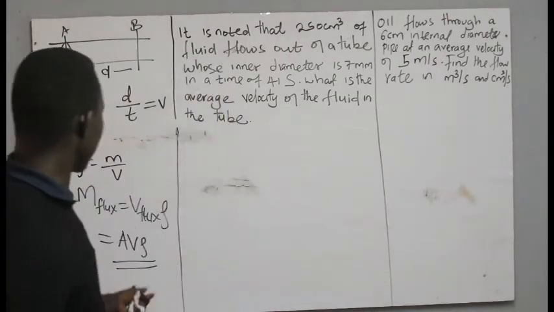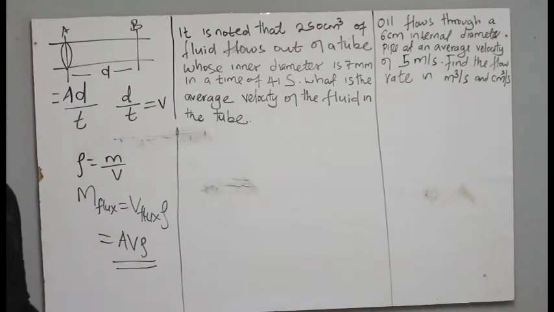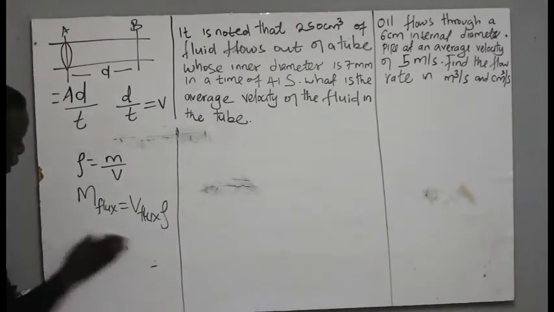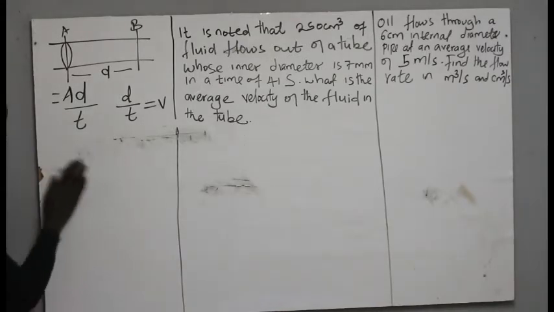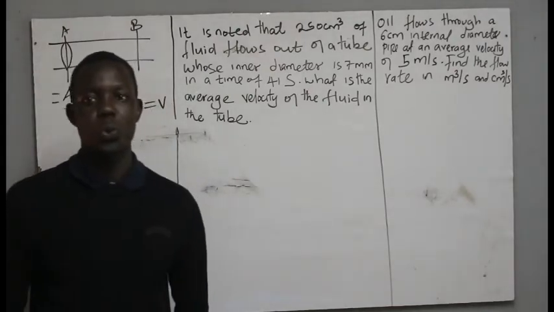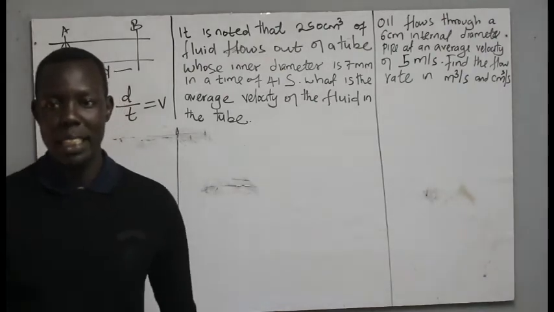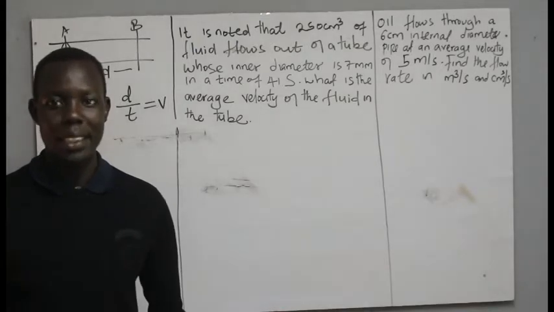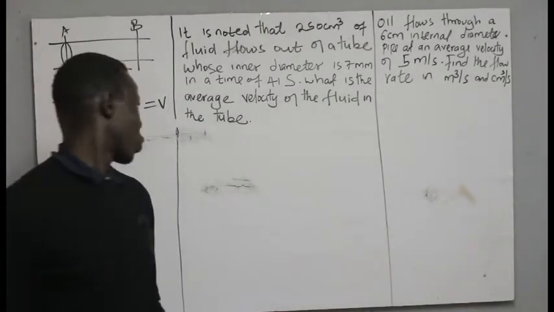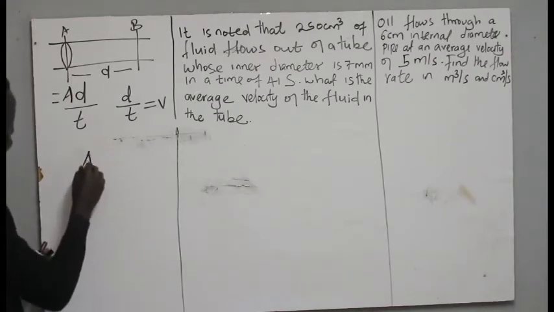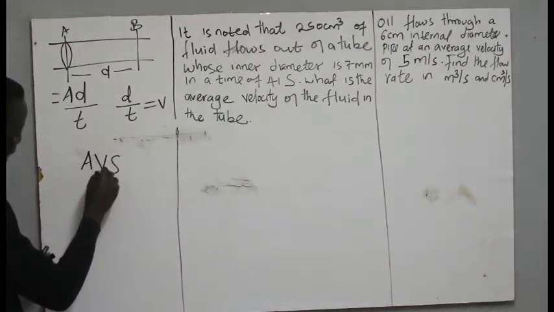Now, what are the units of mass flux? After calculating mass flux, what are you supposed to write as the unit? Because I said every physical quantity must have a unit unless it is a ratio. Remember, we multiply volume flux times the density.